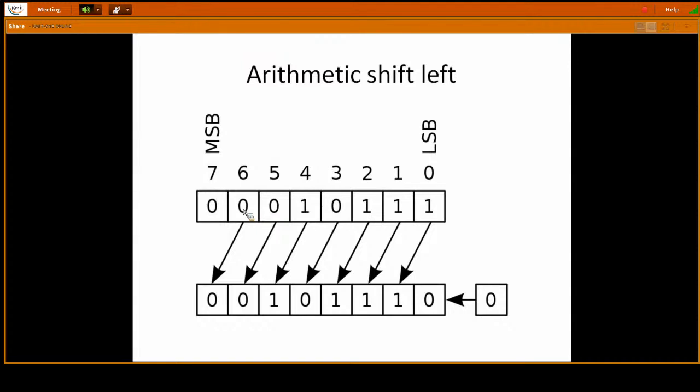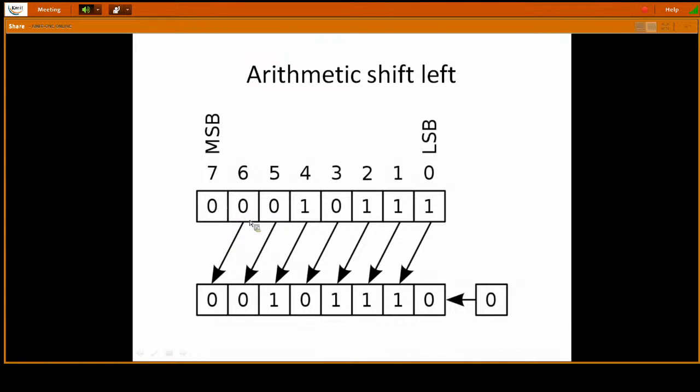If you multiply 6 with 2, you will get a positive 12 only. If you multiply minus 6 with 2, you always get minus 12. That means if the value is positive, the result is also positive. If this value is negative, you should also get a negative value, because the result is a multiplication by 2.